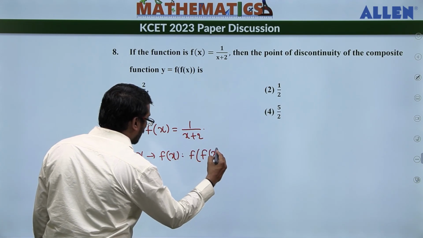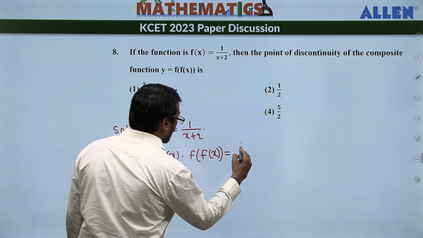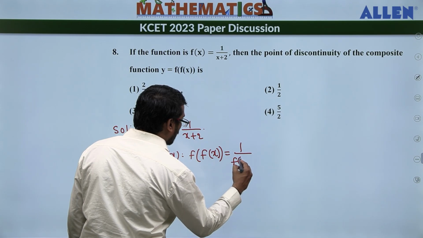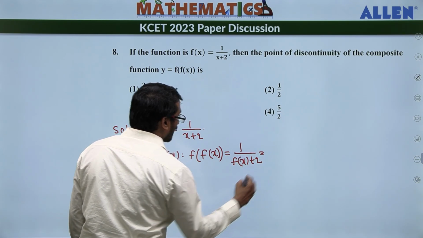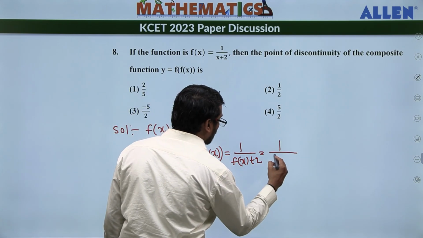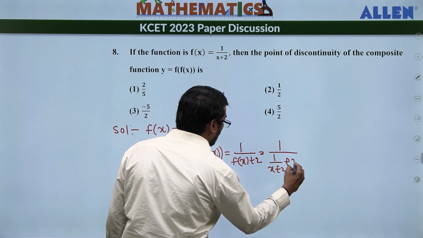F of fx is equal to 1 by f of x plus 2. So 1 by 1 by x plus 2, plus 2.